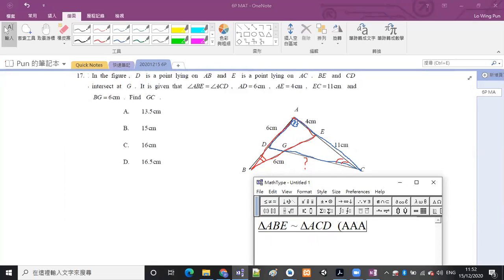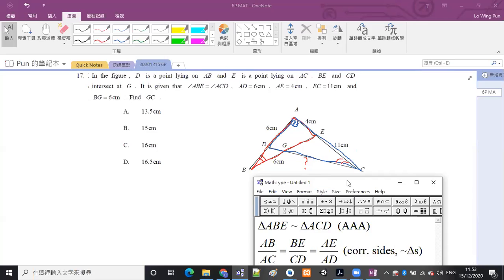And reason is AAA。好啦，我哋用啲角去到證實咗佢係 similar triangles 之後，我哋就可以講到佢哋嘅邊長係成正比例啦。第一個係 AB, AB is corresponding to AC, right? And then the second pair, BE is corresponding to CD. And the third pair, AE is corresponding to AD. Okay, so this is corresponding sides of similar triangles.